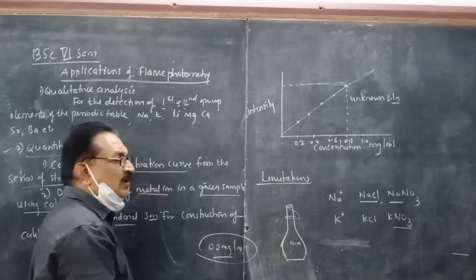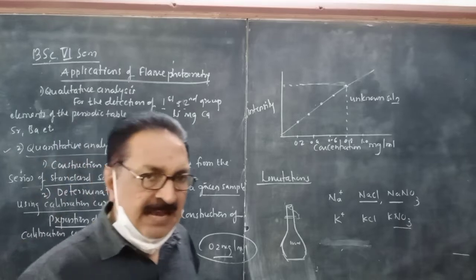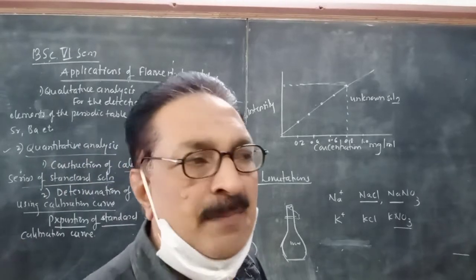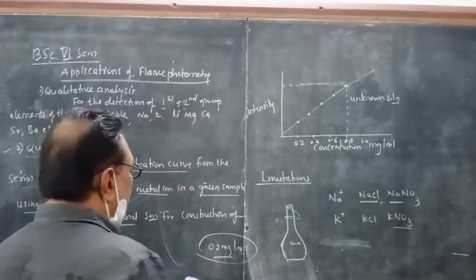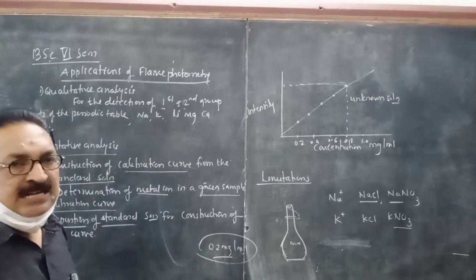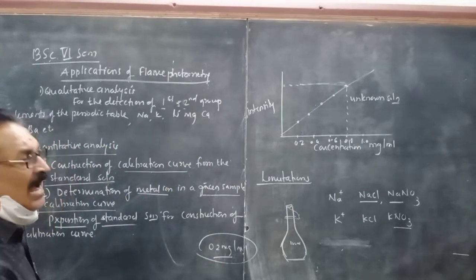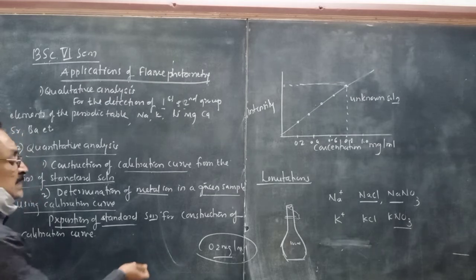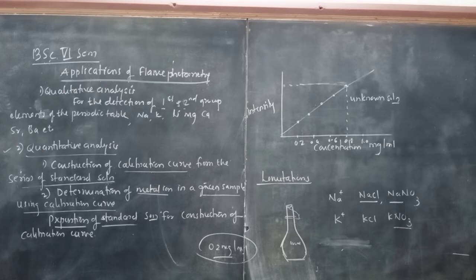That residue contains the atoms of the elements. Those atoms absorb the thermal radiation, excitation takes place as usual, and they re-emit radiation, which is collected in the detector, and we go for the construction of the calibration curve.